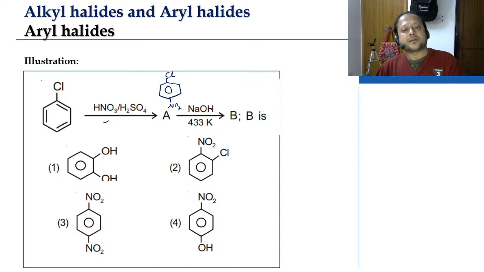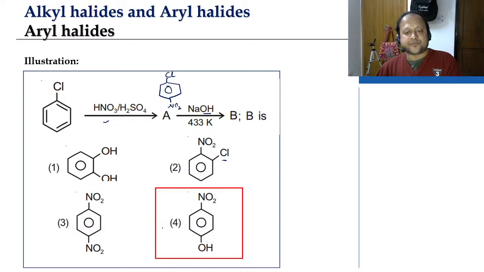Now you are doing the Dow process. But see, since there is an electron withdrawing group, extra pressure is not needed. So substitution should take place, right? Cl should be replaced by OH. And which option shows you that? It cannot have two OH groups. Ortho we are not considering, and also B cannot be this one because this will be replaced. Two nitro groups is not there, so we have got the fourth option as the final answer, right?